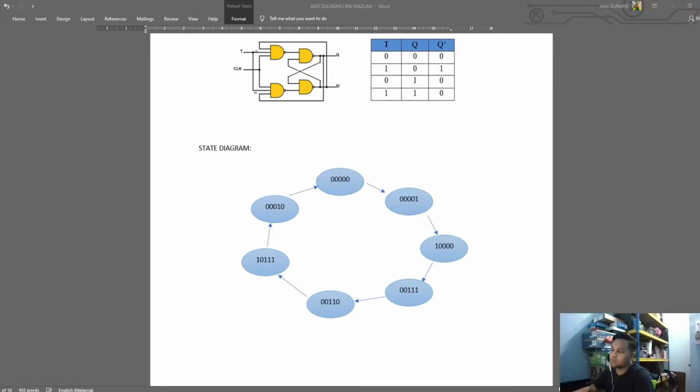So I put 0 and 1 to differentiate between these numbers. On the left side, I put 1 and 0. So here you can see my state diagram.